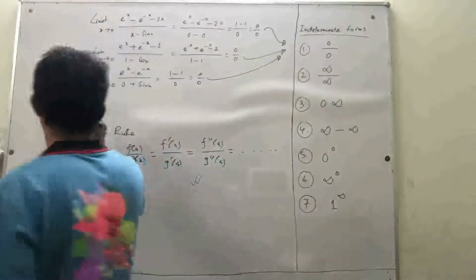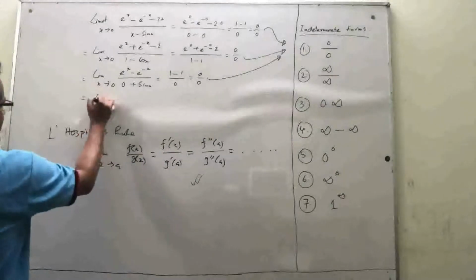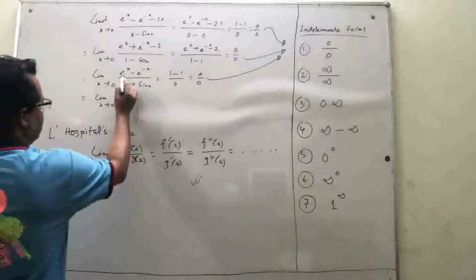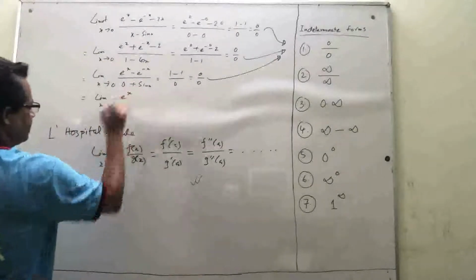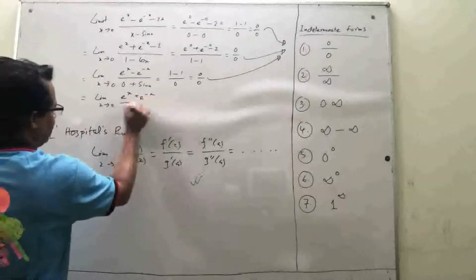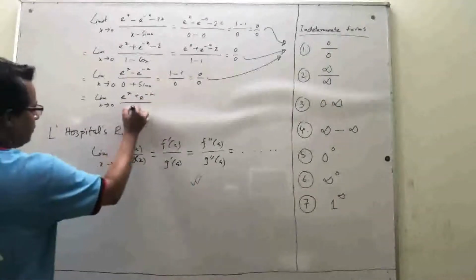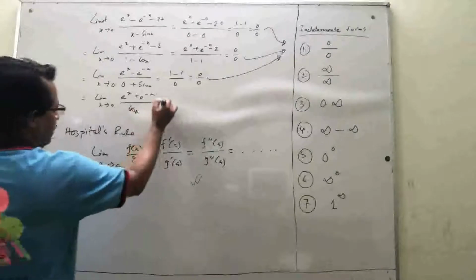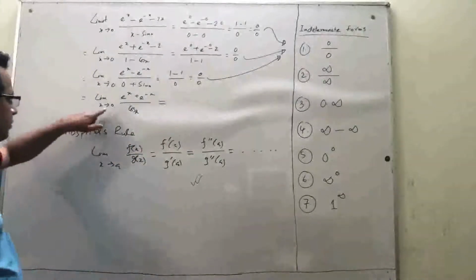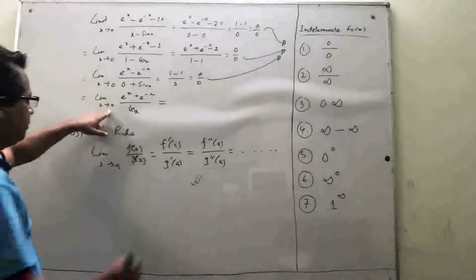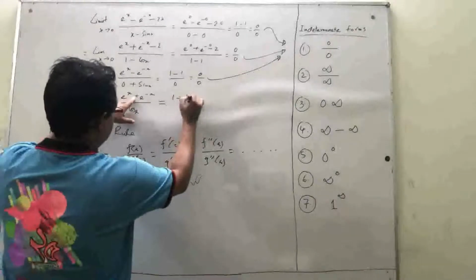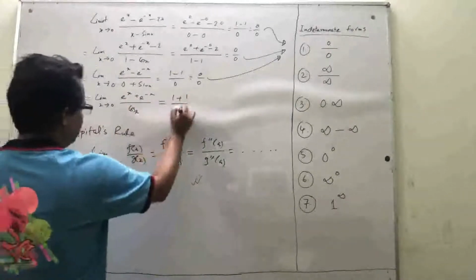Again, by L'Hospital's rule, limit x tends to 0, the differentiation of e power x plus e power minus x, over the differentiation of sin x, which is cos x. Now the value of this function at x equal to 0 will be e to the power 0, that is 1, plus e to the power minus 0, that is 1, divided by cos 0, which is 1.